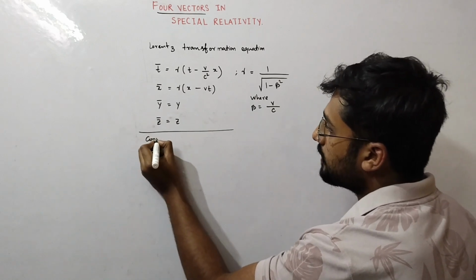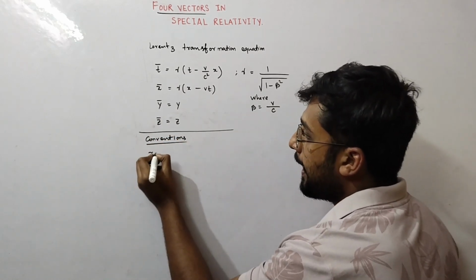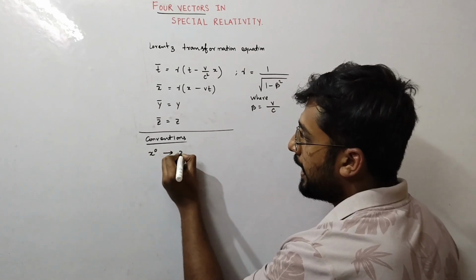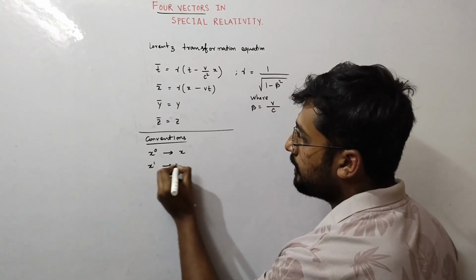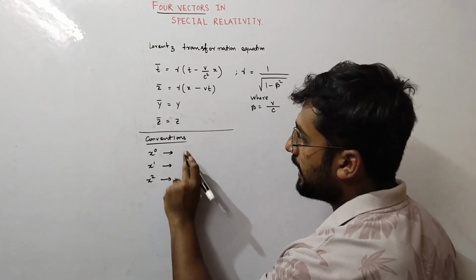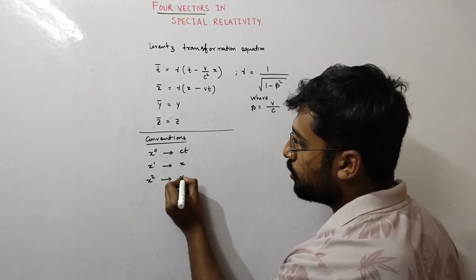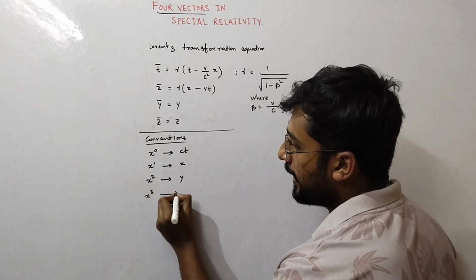So the conventions are x naught as ct, x1 as x, x2 as y, and x3 as z.